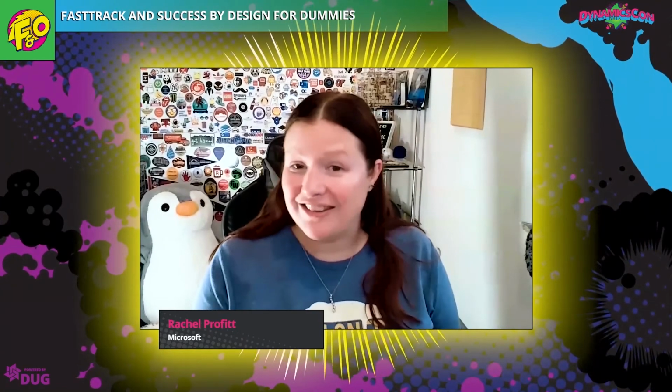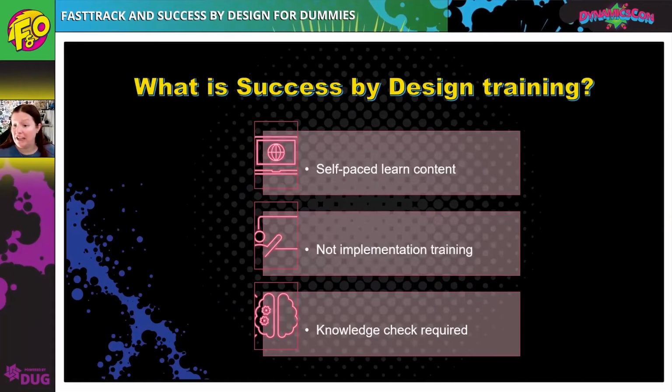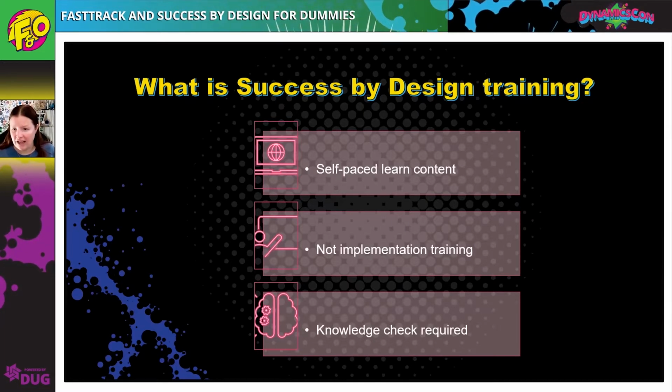For customers who do not qualify for the FastTrack program, these self-service tools are your primary mechanism to access Success by Design. Success by Design training is a set of self-paced learning courses that anyone can take online at the Microsoft Learn site.